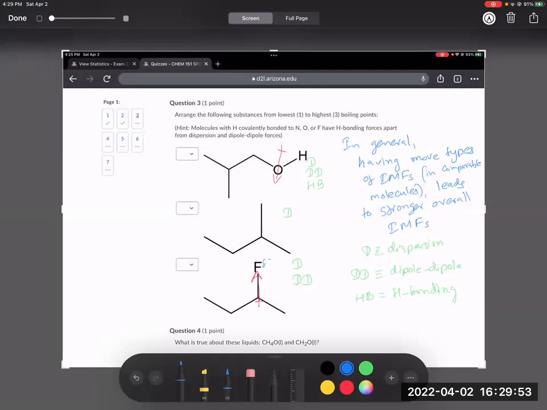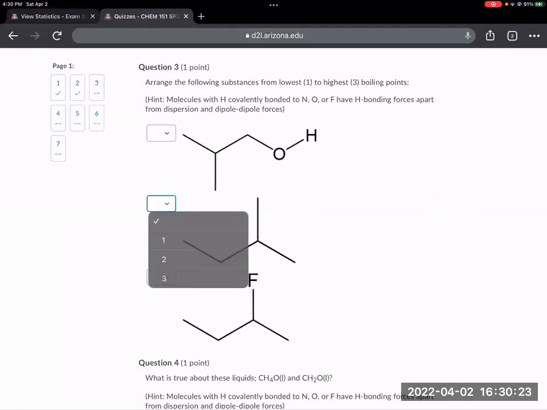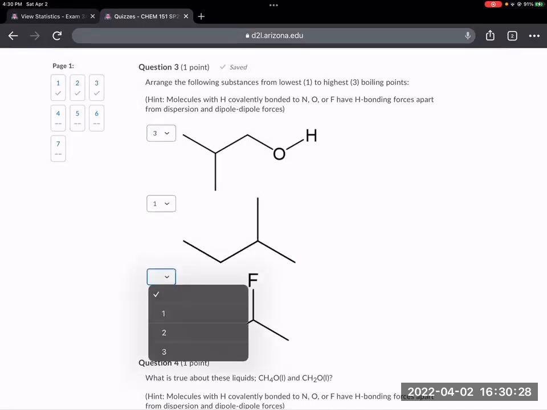So boiling point wise, you're going to have the highest in the top molecule, then the bottom molecule, and you're going to have the lowest boiling point in the middle molecule, because you only have dispersion forces, and the overall intermolecular forces you can expect to be weaker in the middle molecule compared to the other two. So with that, this is one, this is the highest, and this is going to be the middle.